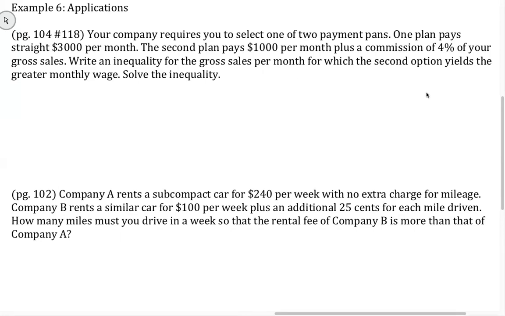So if you are a very likable person and you are good at selling cars, let's say you sell cars, all right? Laura, I'm going to pick on you. Let's say Laura's selling cars, okay? She can either get paid $3,000 a month or she can get paid $1,000 plus 0.04 or 4% of her sales.